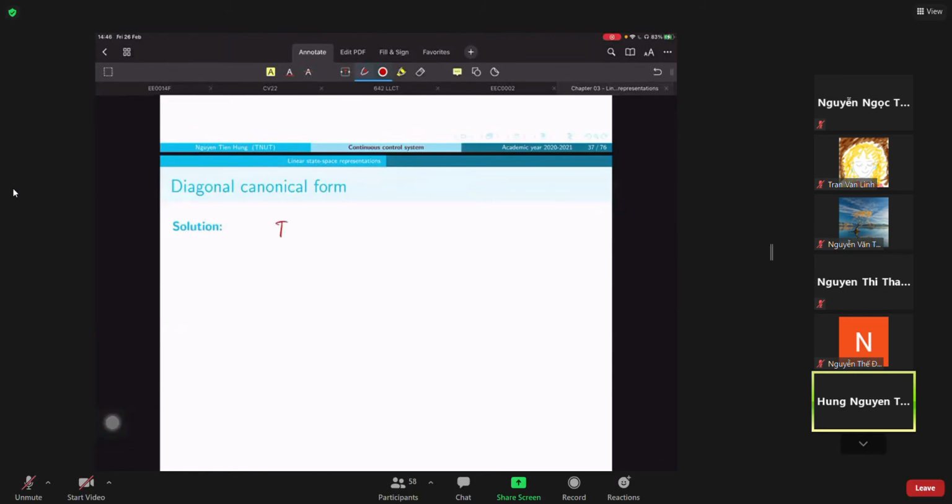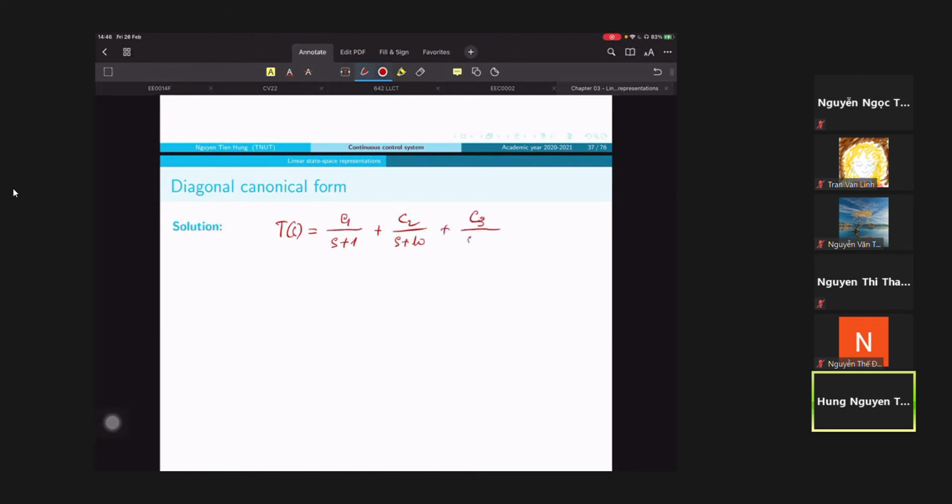We can represent T(s) like C1 over s plus 1, plus C2 over s plus 10, plus C3 divided by s plus 0. So we'll see that we got p1 is 1, p2 is 10, and p3 is 0.